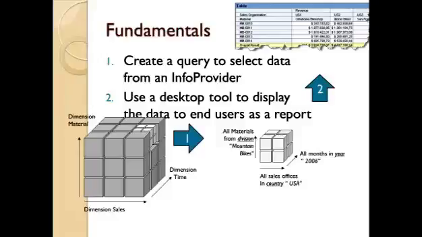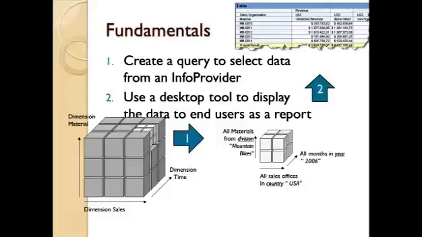So when we produce a report, we don't need to display all the records in a cube. Instead, we probably want to display just a portion of the cube that satisfies users' requirements.